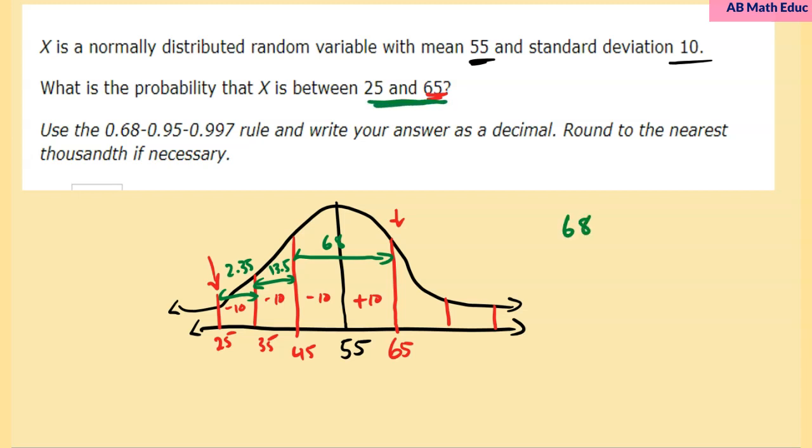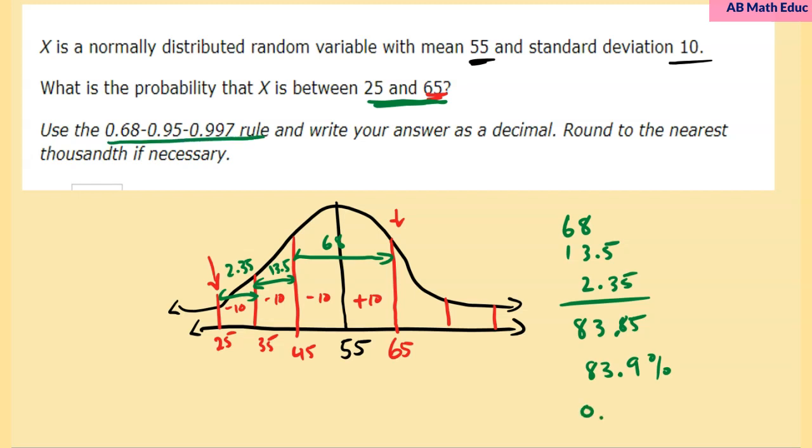So 68, 13.5, and 2.35 gives 83.85, which is about 83.9%, but they want us to put it in decimals, so it's just going to be 0.839.